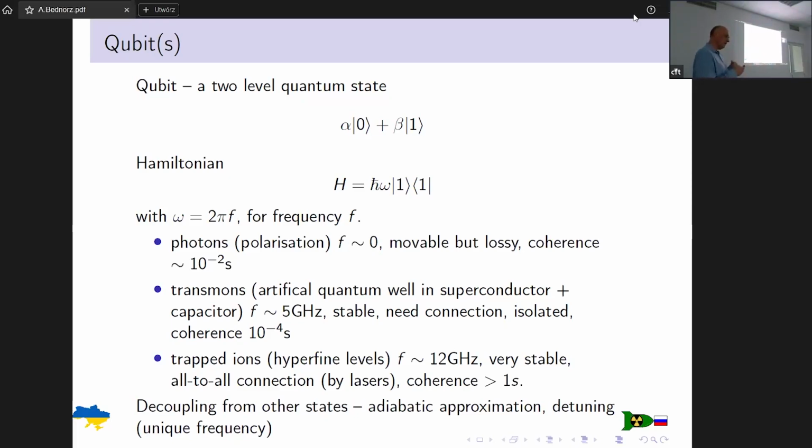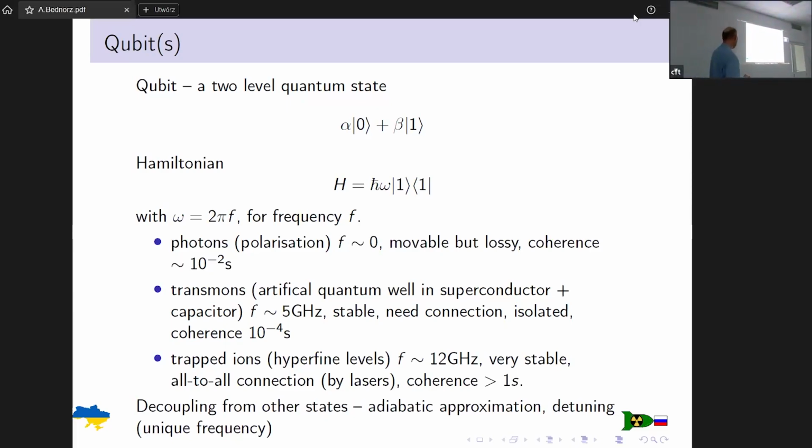And now the aim of quantum computers is to isolate this basic unit to two levels, and to say that any interaction with other states is washed out. It's removed.